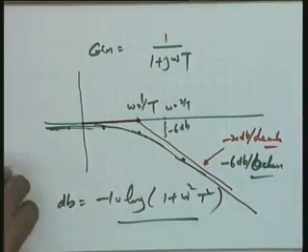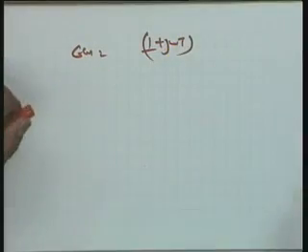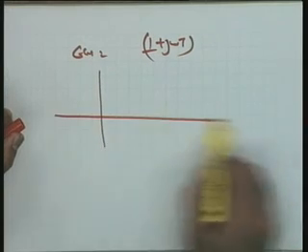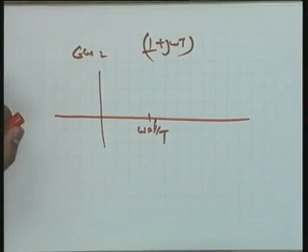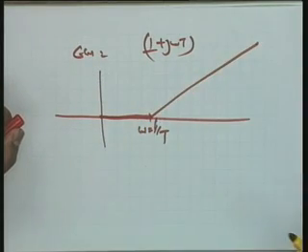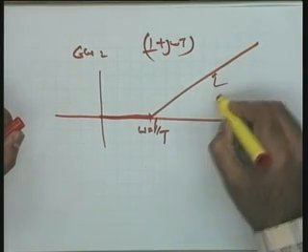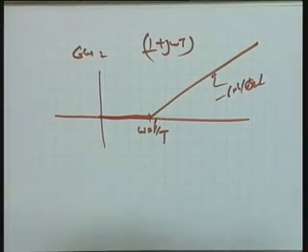Now look at the zeros. Yes, zeros we do come across. Gs is equal to 1 plus j omega t. Now 1 over t is the corner frequency, so it is going to be this as the asymptotic plot. This is your line of plus 6 dBs per octave or plus 20 dBs per decade.